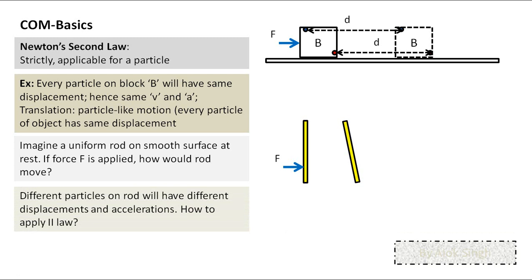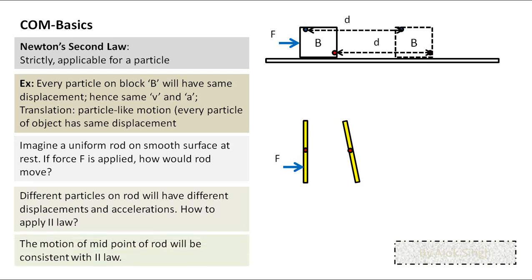It becomes invalid for this kind of object. But if we observe the motion of the midpoint of the rod shown in red color, not only here but in subsequent motion also, we'll find that the motion of the midpoint of the uniform rod is consistent with the second law. So the motion of this particle will follow F is equal to ma, not other particles.